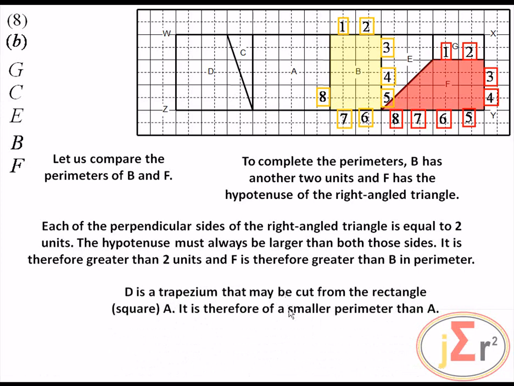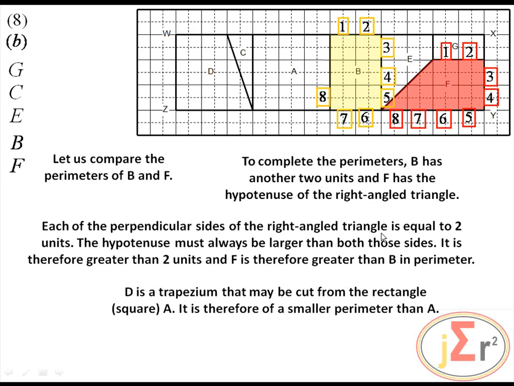D is a trapezium that may be cut from the rectangle, which is of course a square, A. It is therefore of smaller perimeter than A, as we have discussed that the perimeter of a trapezium that may be cut from a square, or be cut from a rectangle, must be smaller than the perimeter of the rectangle from which it is cut.